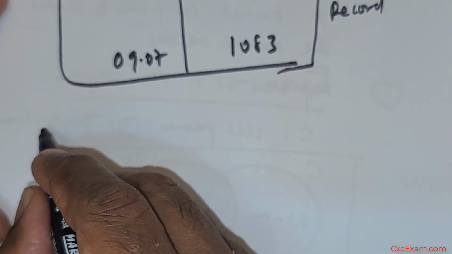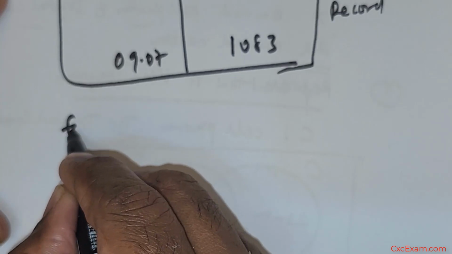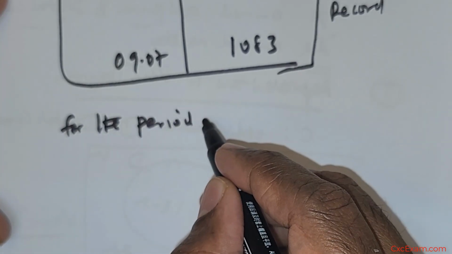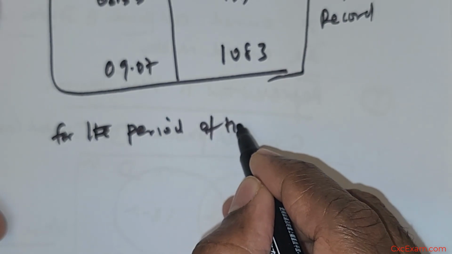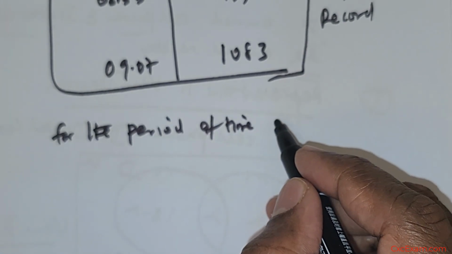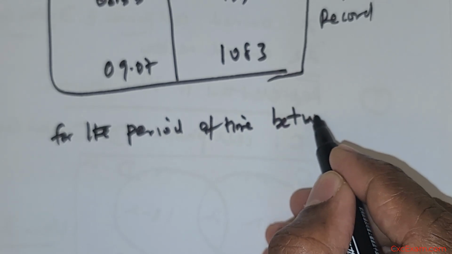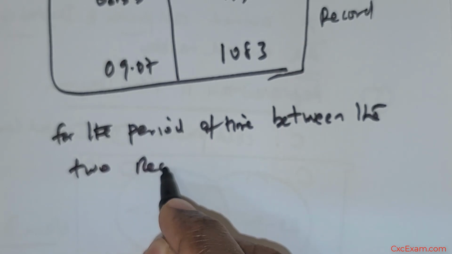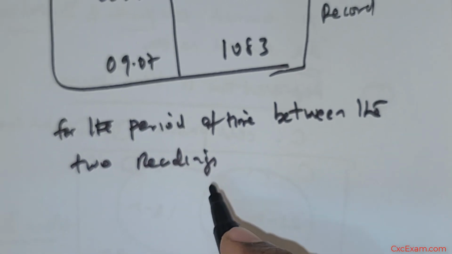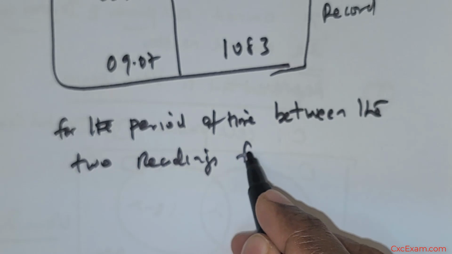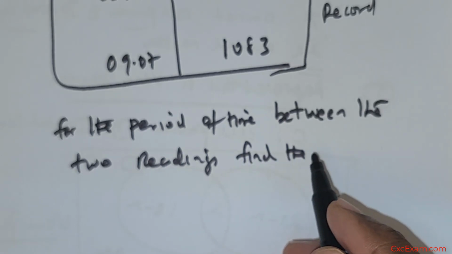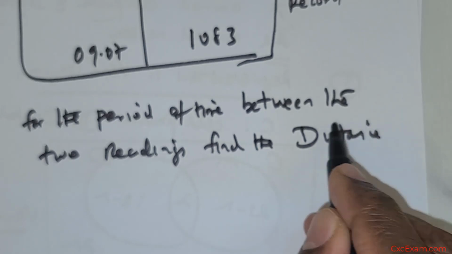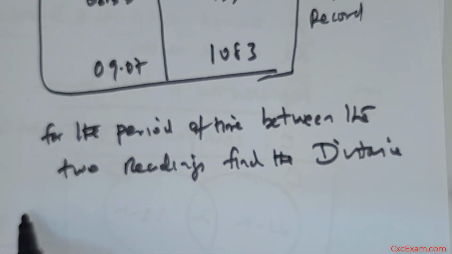Now the first question is, for the period of time between the two readings, we are asked to find the distance traveled by the plane or aircraft.